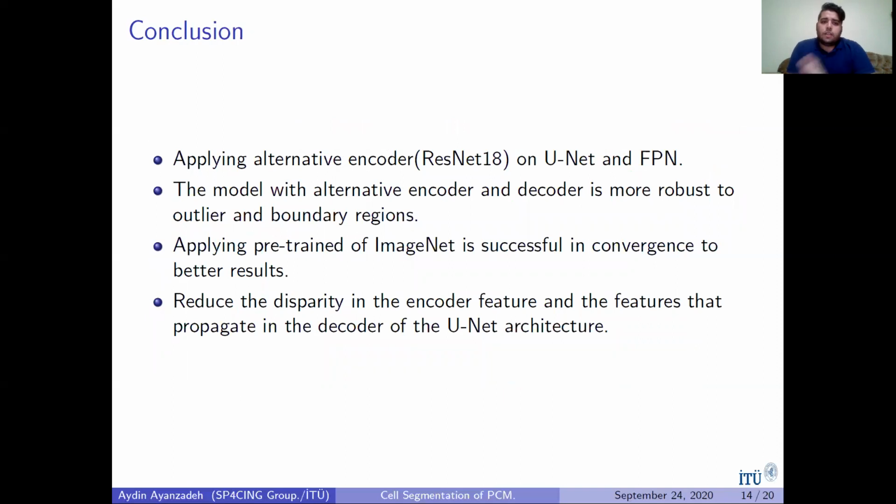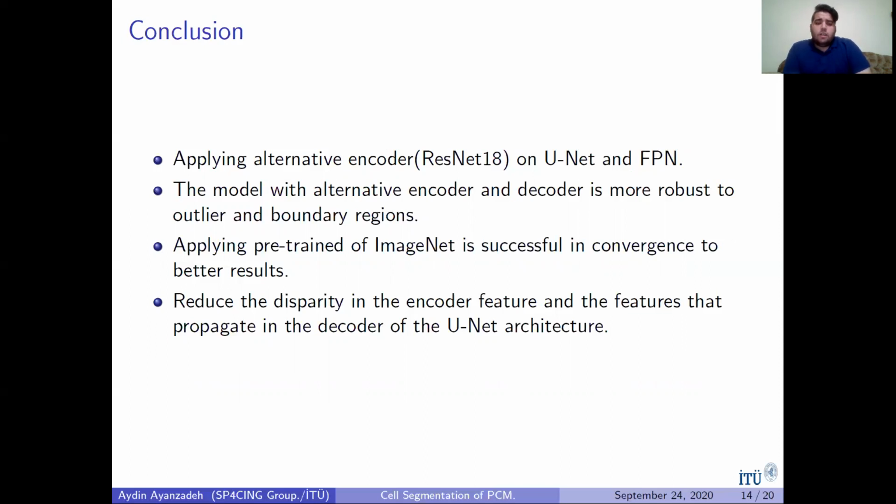As a conclusion, we can reach this result that applying an alternative encoder, ResNet 18, in our method has an improvement from the quantitative and qualitative sides. And also, applying the pre-trained ImageNet weights in our application can help to have a better result in comparison with other types of weight initialization.